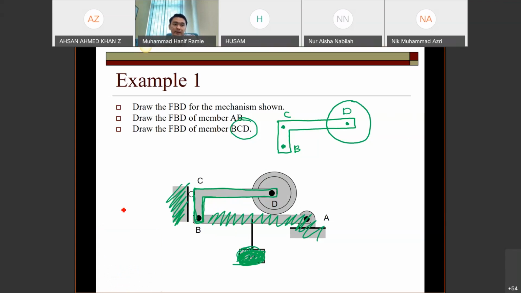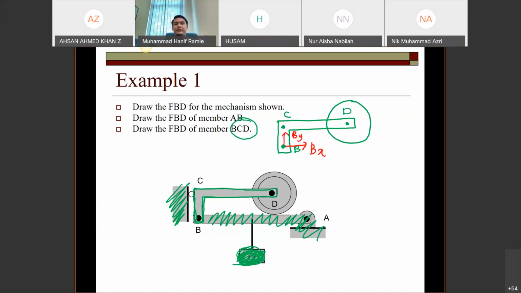How many reactions are there at point B? It is similar to before. It is a pin system, so we have two reactions, BY and BX.